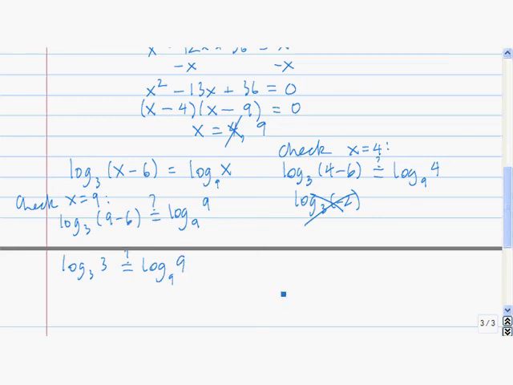And the answer is yes, because log base 3 of 3 is 1, and log base 9 of 9 is also 1. So x equals 9 is the only solution to our logarithmic equation.